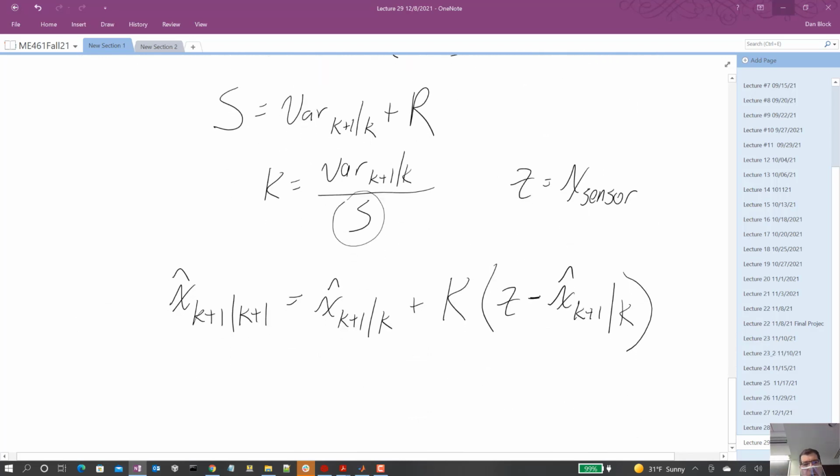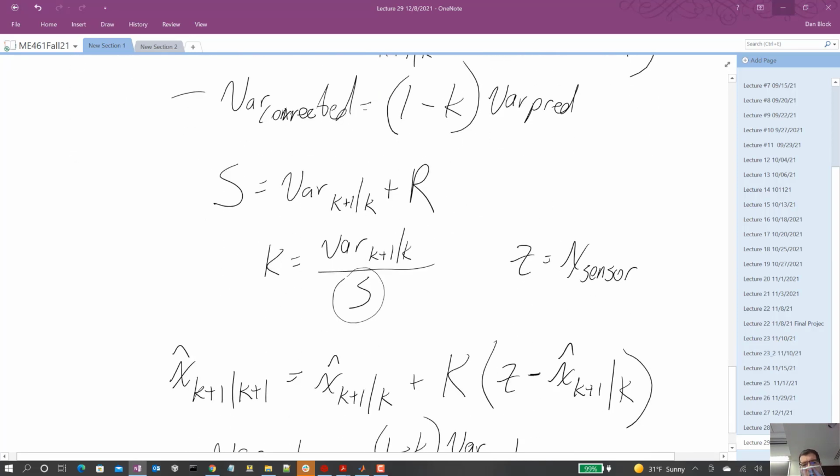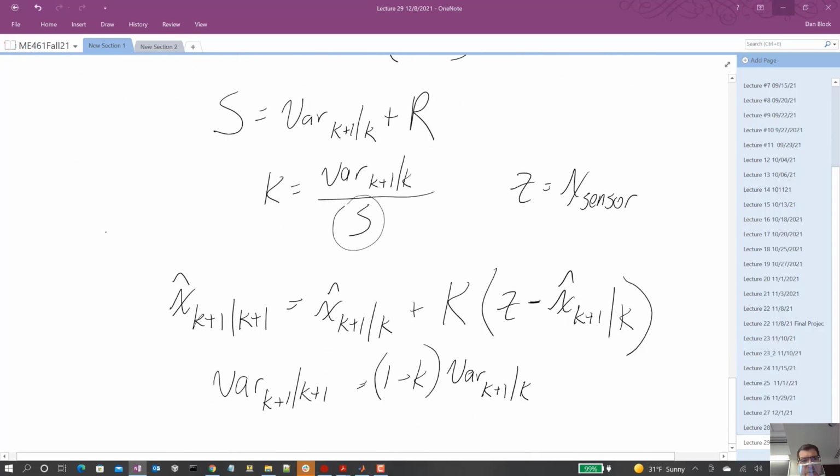So down here we not only find our prediction, but we also have to correct our variance. The variance, K plus 1 given K plus 1, is the variance we're going to use in the next millisecond or the next sample, and it equals 1 minus K times our predicted variance, the variance of the prediction at that moment. Okay, so those are the steps.